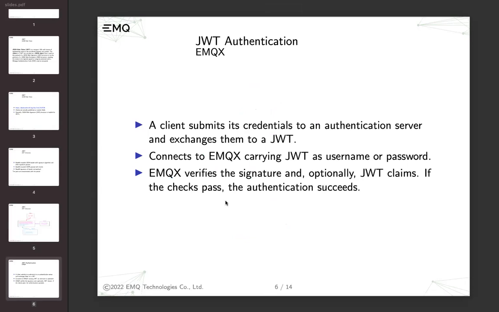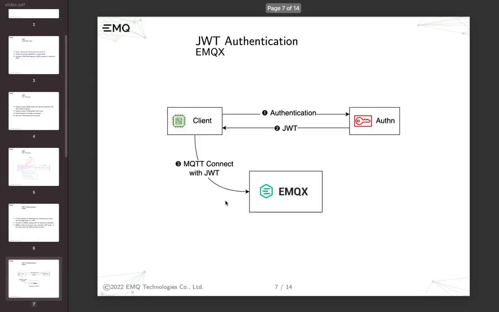Now let's see how JSON Web Tokens are used for authentication. The algorithm is the following. A client has its own credentials, maybe username and password, and the client exchanges its credentials for a JSON token. A JSON Web Token is given by an authentication server.